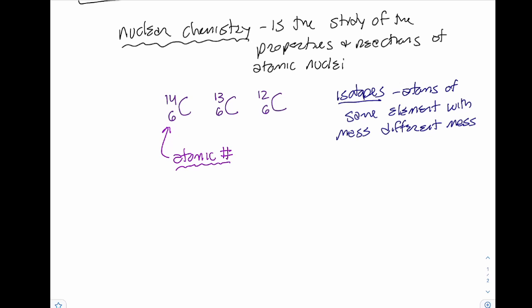Oftentimes, I don't even write down the atomic number when I'm writing an isotope because, again, this C and this 6 are redundant. If you put the 6 there, you don't really need the C because it's obvious, right? We have a periodic table, it's always carbon. If you put a C here, you don't really have to write down the 6 because we have a periodic table, it always has to be 6. So our atomic number, right, this tells us the number of protons in the atom's nucleus.